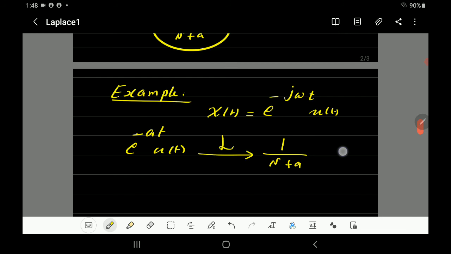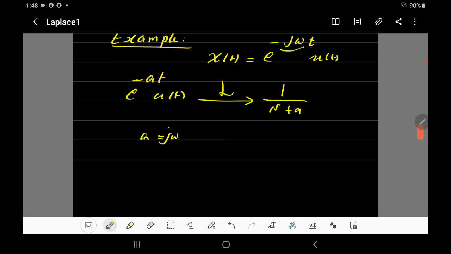So all you're supposed to do is just compare what your a is here. Your a is equal to j omega. So just use the result.